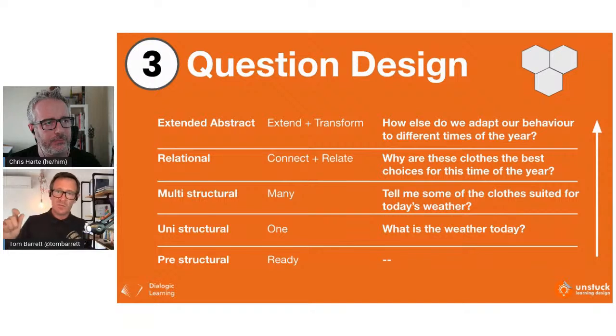So we can start to be really picky about how we design questions that are specifically related to different levels, and how else do we adapt our behavior to different times of the year. The reason why that is stretching or extending is because of the cause and effect of an adaptation about behavior, and it is also opening the door there for the learner to talk about other things. So you'll notice that there's no reference in there to do with weather anymore, or seasons.